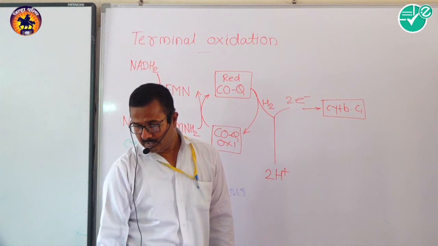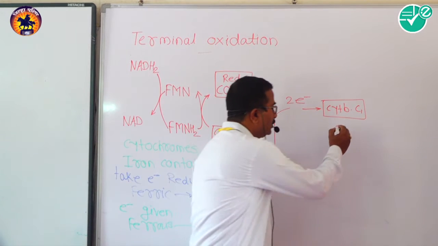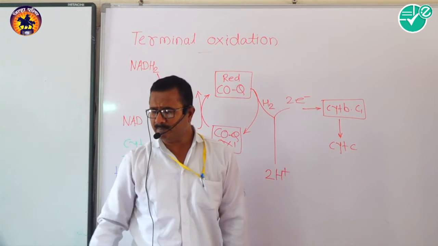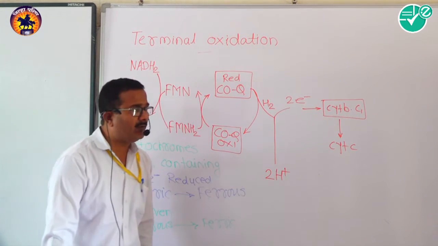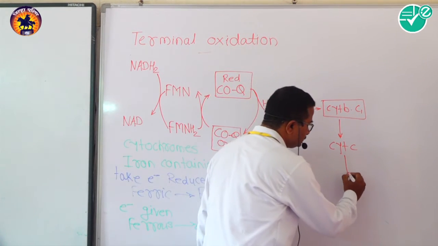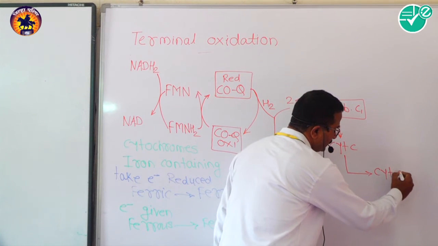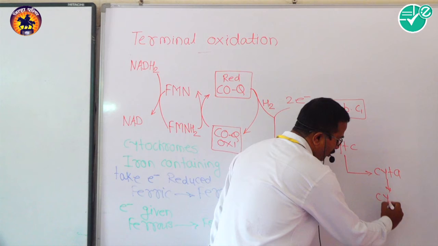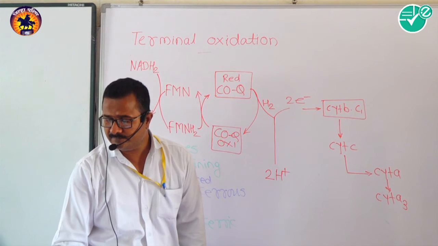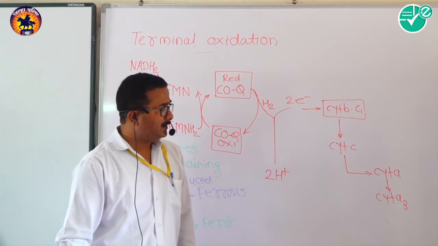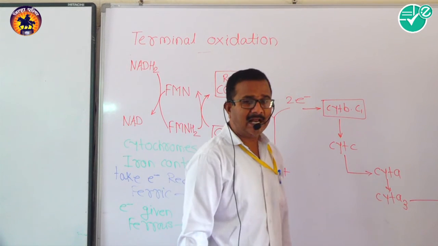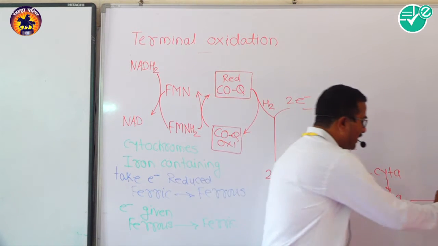Then electrons move towards the cytochrome C. These are the electron acceptors: cytochrome B, C1, cytochrome C, cytochrome A, cytochrome A3. All these are iron containing substances. And then finally electrons move from the cytochrome A3 towards the oxygen.